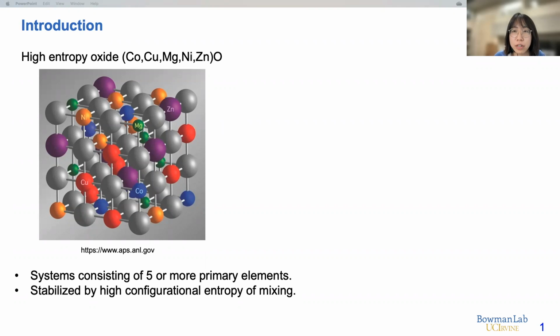Besides the theoretical importance of this material, the new class of materials also offers entropy-enhanced stability and compositionally tunable properties, which are highly desirable for the next generation of either functional or structural applications.